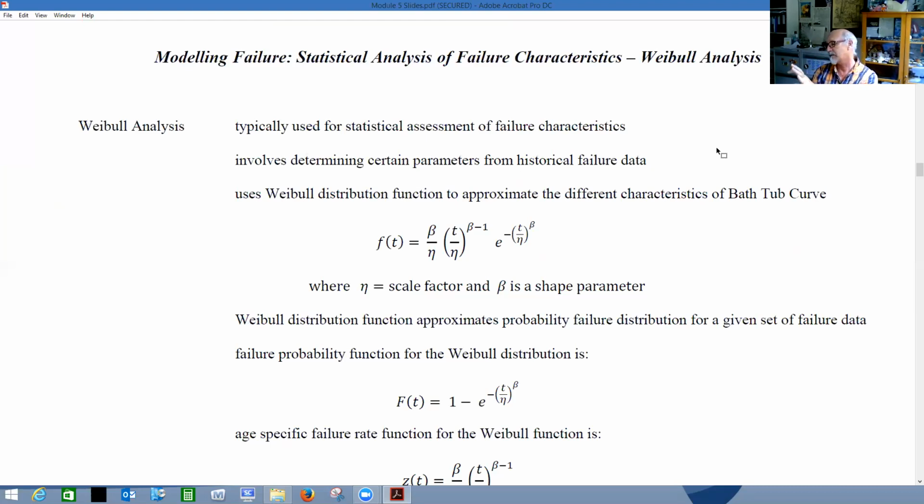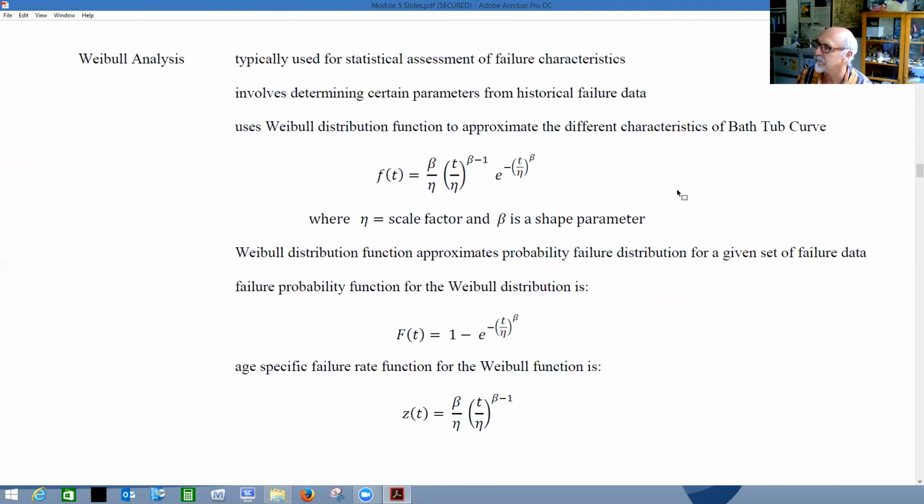And manufacturers sometimes model these things and give you a chart, and you just look up the chart or graph, and all the mathematics is already done for you. But sometimes you have to do it from your own mathematical analysis. That will give you your distribution for the different characteristics of that bathtub curve. The distribution approximates the probability failure distribution for a given set of failure data.